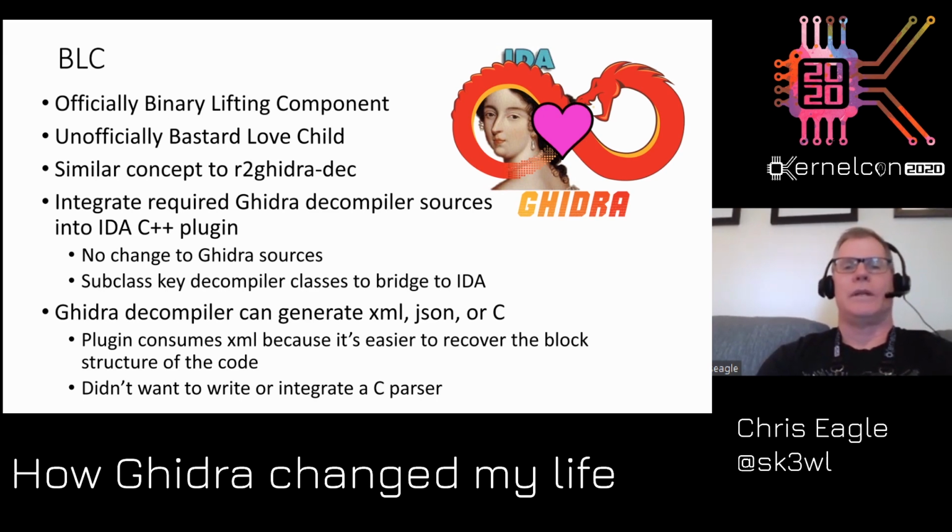Within the plugin, if you want to use the Ghidra decompiler on your own, there are some core Ghidra decompiler classes that you need to subclass in C++ and provide some implementations for. What you're doing is providing the Ghidra side of the protocol to answer queries that are generated by the decompiler.